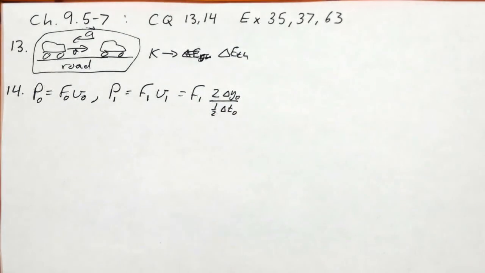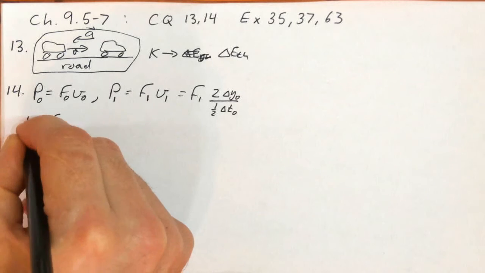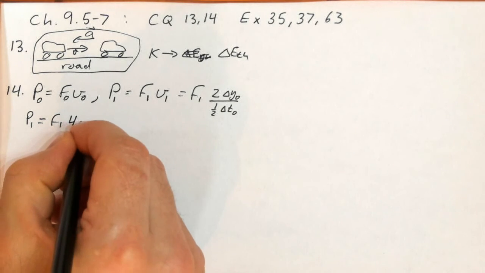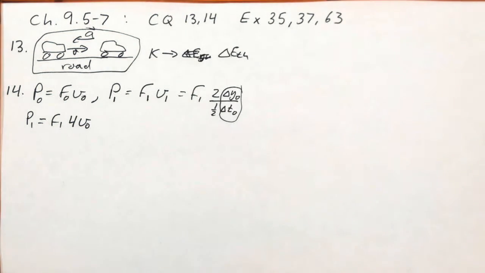Half the original time. Okay, well, that indicates that I've got this force times 4 times the initial velocity, because this is my initial velocity. So I get a 2 over 1/2 gives me a 4.